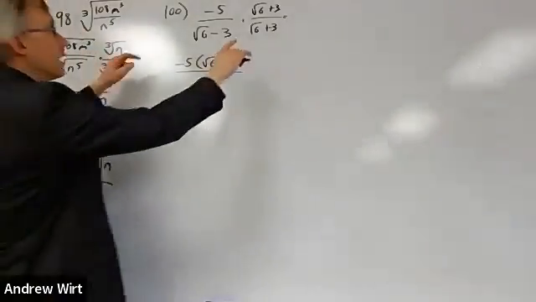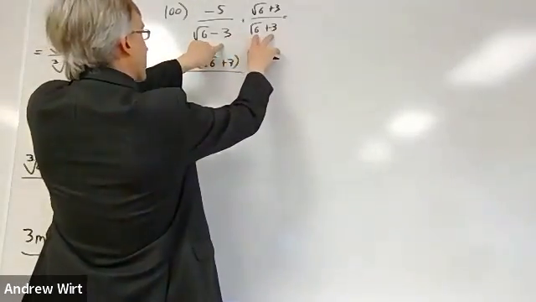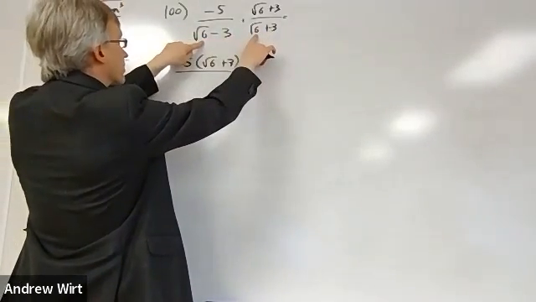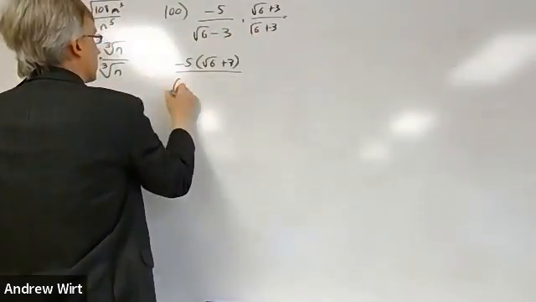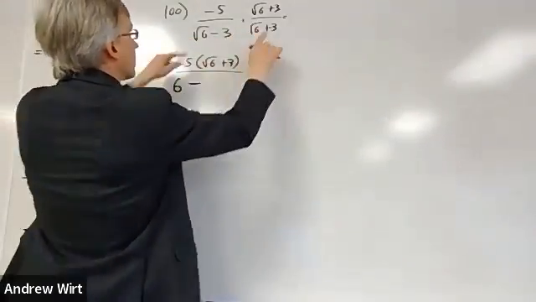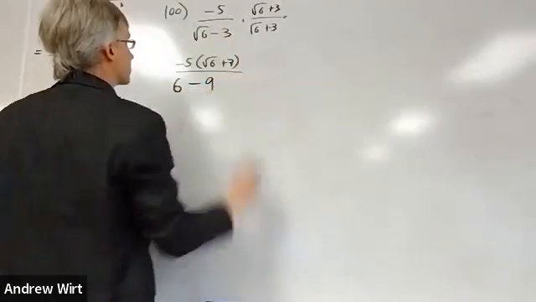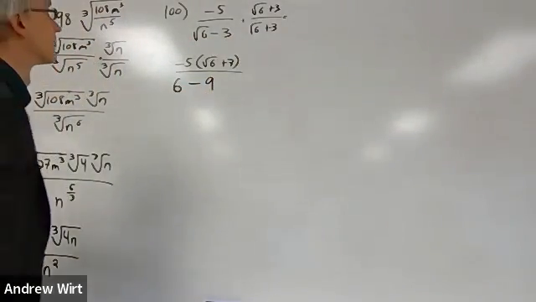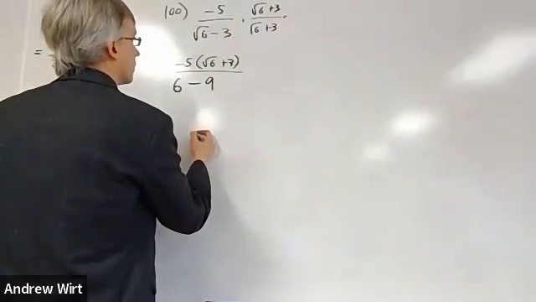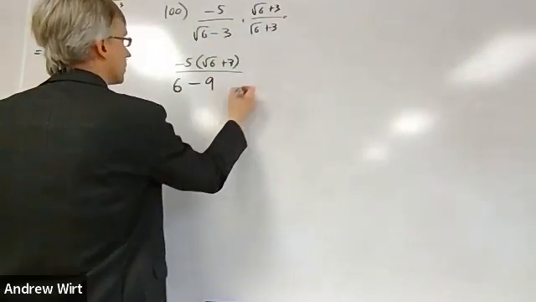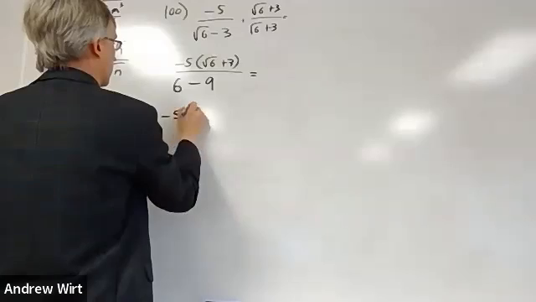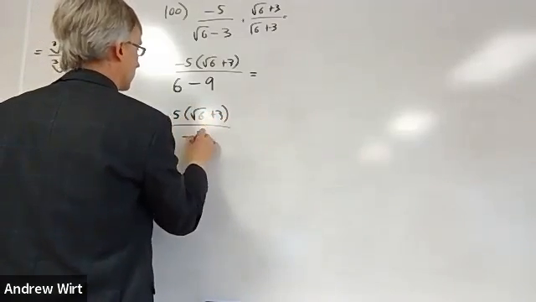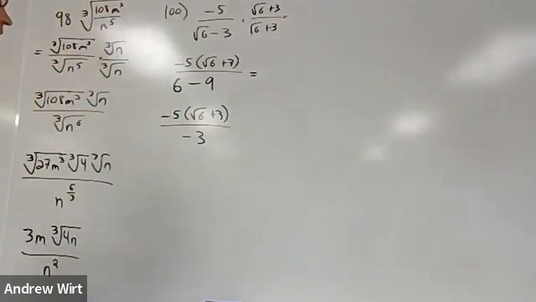Okay, now here we have factored form of difference of squares. That's the nice thing about using the conjugate: when we multiply these, we just go first times first, we get 6, minus last times last, which is 9. 6 minus 9 is -3, all over -3.